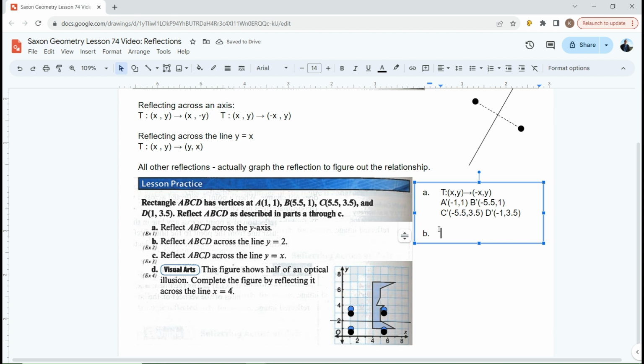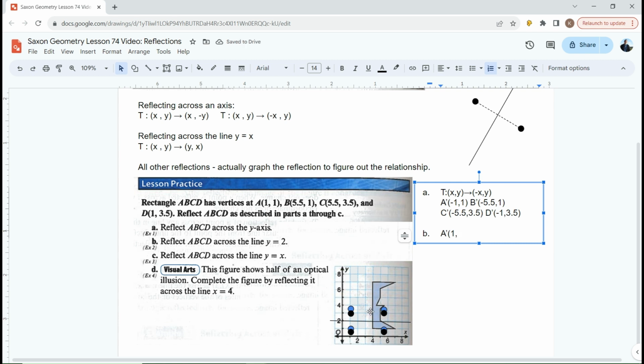Now all I need to do is note what their coordinates are. I'm not going to write a transformation statement here because this one's going to be a little hard to write anyway. I could probably figure it out. But let's see. The image of A, this point here, is at the same x coordinate. It was at 1 before.